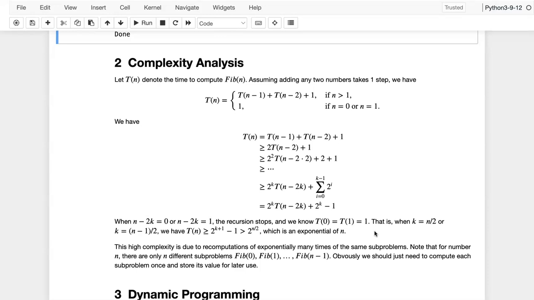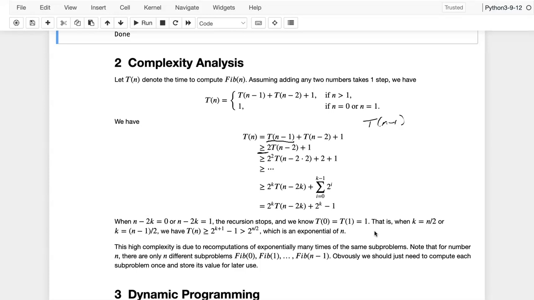Okay, so now we want to get the lower bound. Obviously, we know that T of n minus 1 will be using more than T of n minus 2. So then we can just say that there are two copies of T of n minus 2, and this is greater than or equal to.